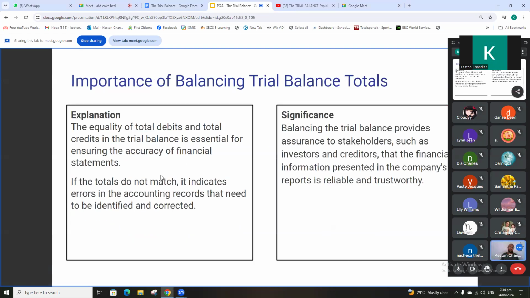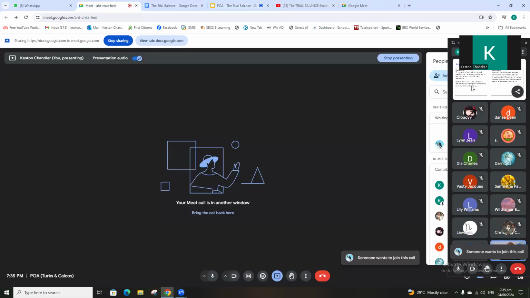Now, the importance of balancing the trial balance totals, right? The total debits and the total credits in our trial balance are really important for us to prove the financial accuracy of the financial statements that we'll have to prepare later on using the same trial balance.